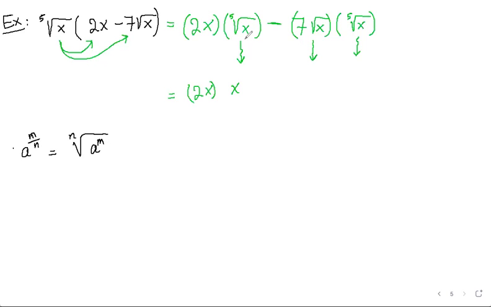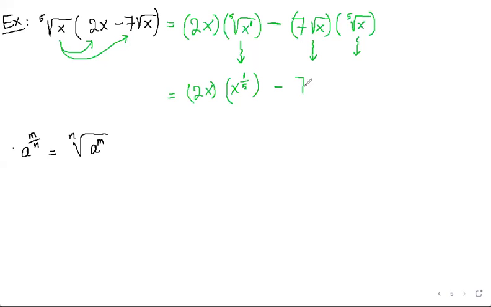So here we have the radical. We need to change it to a rational exponent like this. So my m here is 1 and my n is 5. So it'll be 1 over 5.